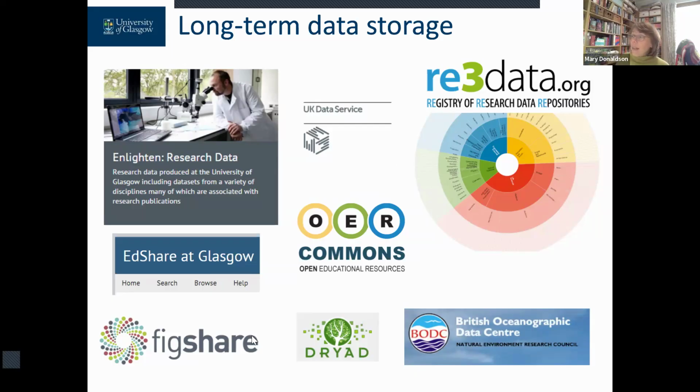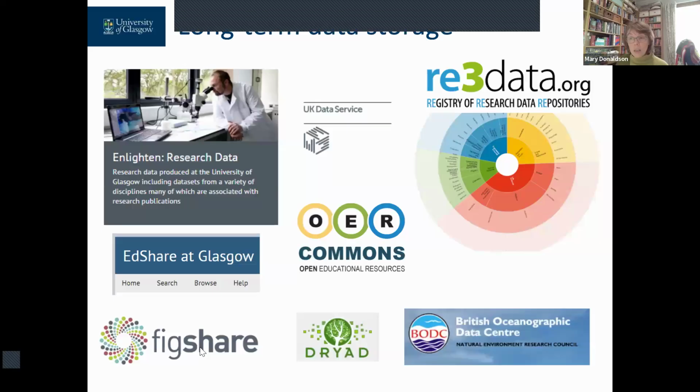Then there are things like Figshare and Zenodo, which are just generic repositories that can take all sorts of different kinds of data. If you're using a collaborative project and you don't want the data to sit in one university's repository or another, you want it to be a bit more independent of a single institution, then looking at these generic repositories can be really helpful.